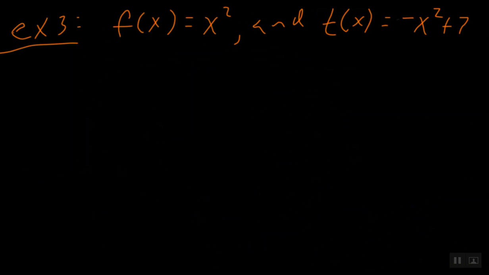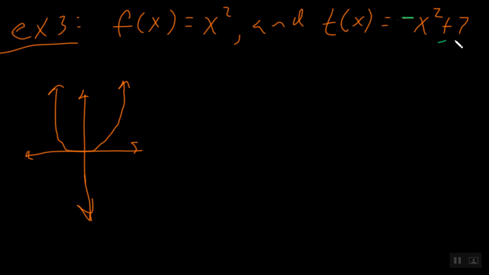Here we have f of x is equal to x squared. So now we're looking at a quadratic function again, with our nice little U shape. Here I notice that I have a negative in front of the x squared, and I have a plus 7, which is on the outside of everything. It's my constant, not inside my grouping. So what does this mean?